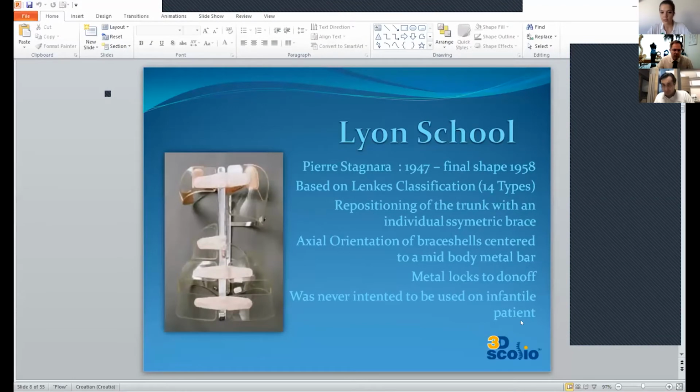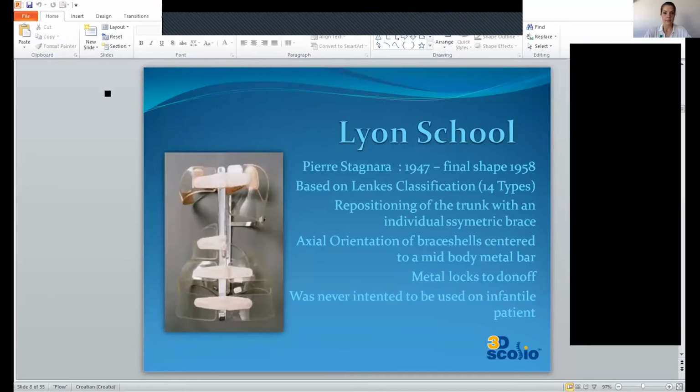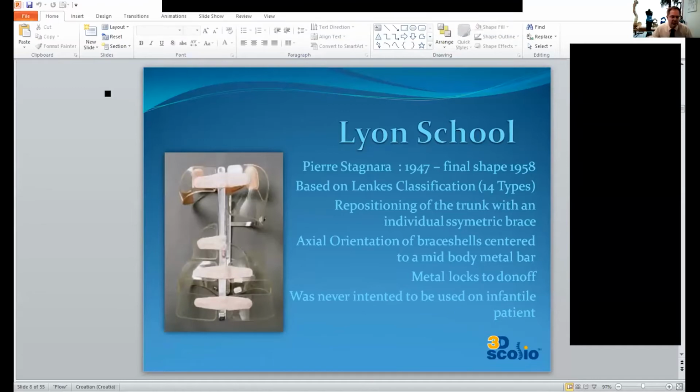You see something? No, not yet. Share screen, and then you have to see your desktop or Microsoft PowerPoint. You don't see my screen? Yes, we see it.